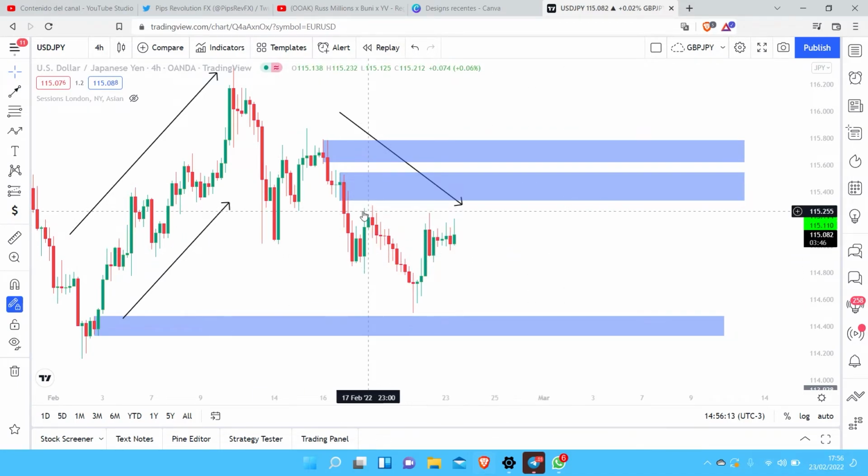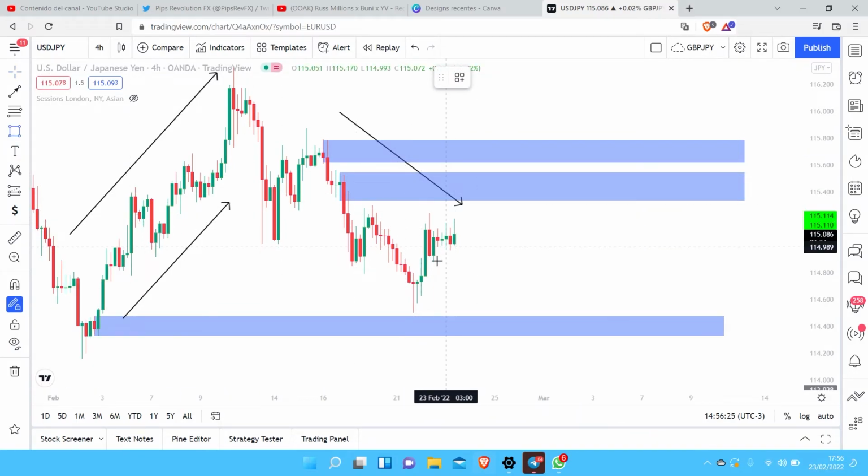If there's not much movement in the daily order block area, you can just eliminate this area of the higher time frame.